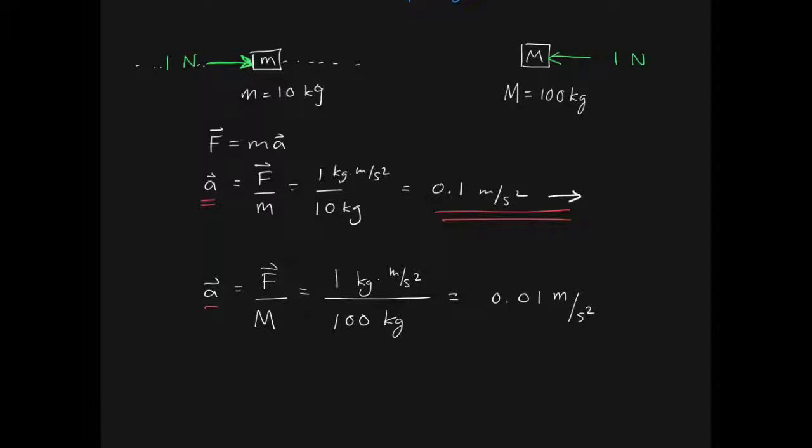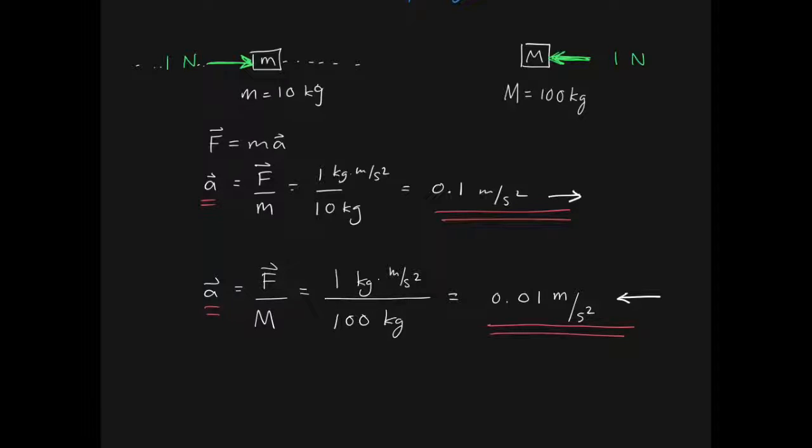Again, acceleration is a vector, so the direction is going to match the direction of the force. In this case, it's the resultant force. There's only one. If I had multiple force vectors acting on that mass, I could boil it down to one resultant or one effective force, and the resulting acceleration is going to be a result of the resultant force. The direction is to the left to match that 1 Newton force on my capital M. All right, so this is our acceleration.